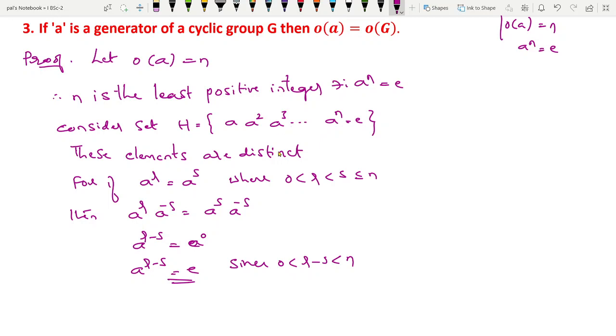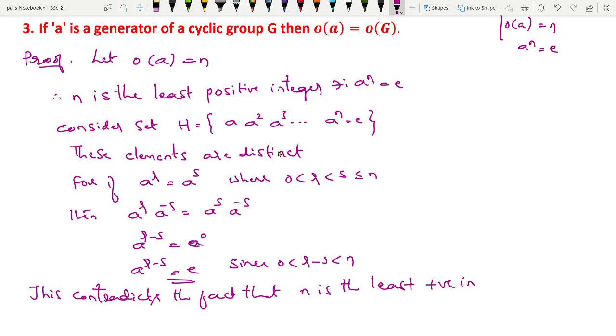This contradicts the fact that n is the least positive integer such that a to the n is equal to e.